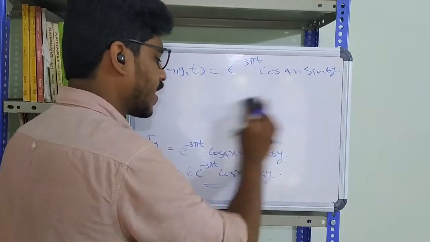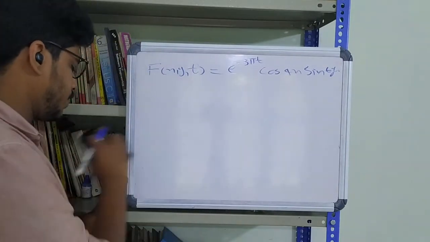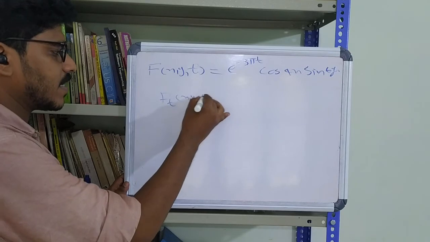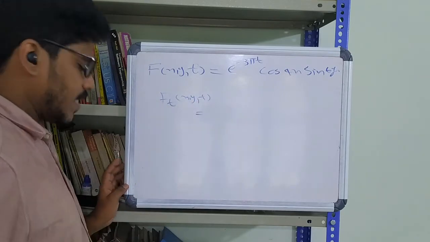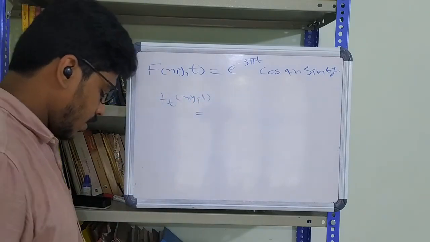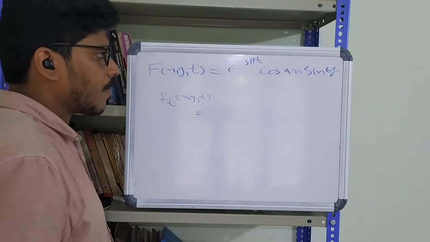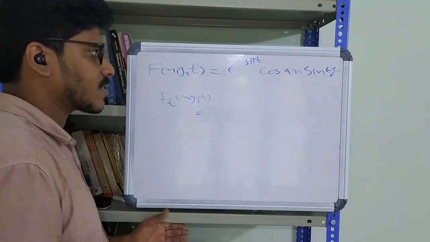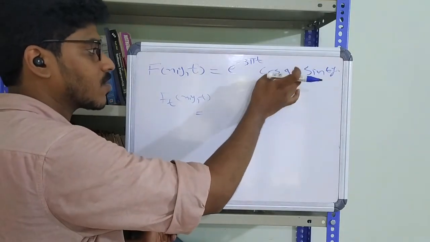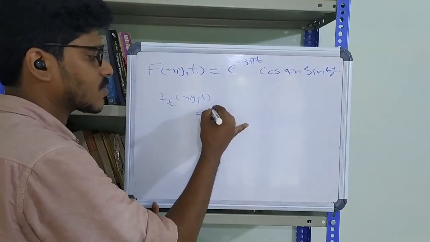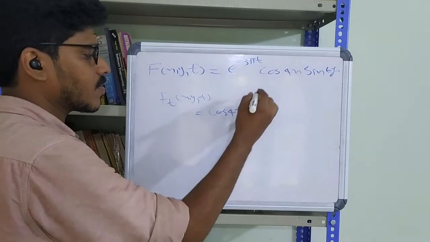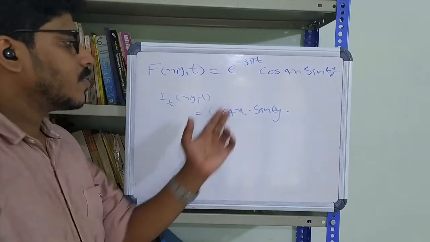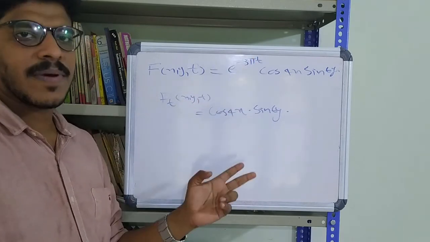Similarly, the derivative with respect to t can be calculated. f_t of x, y, t: if we differentiate with respect to t, all other variables have to be treated as constants. So cos 4x is a constant, sin 6y is a constant. So let's take them out first: cos 4x into sin 6y into the derivative of e raised to minus 3 pi t.